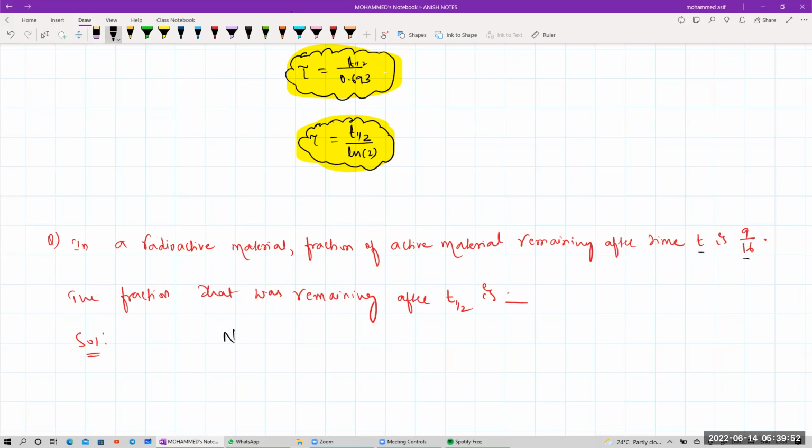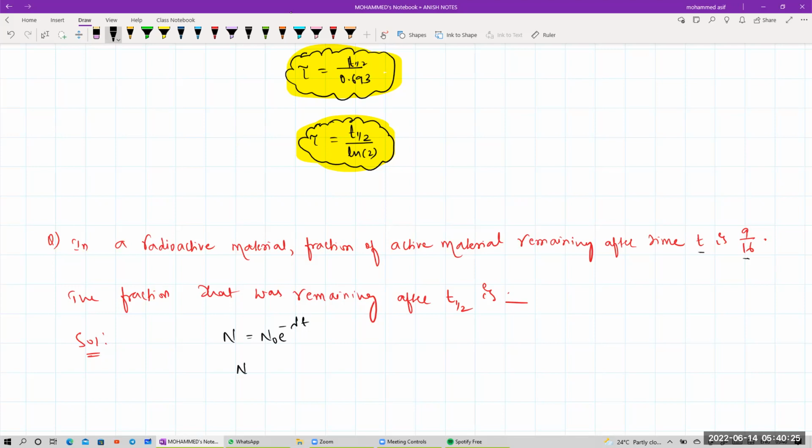N is equal to N naught exponential to the power of minus lambda t.